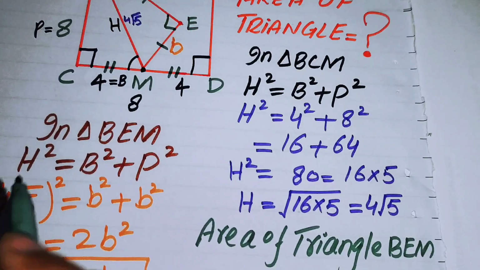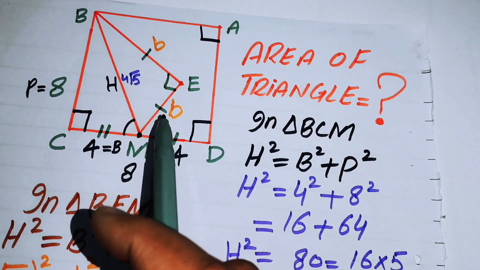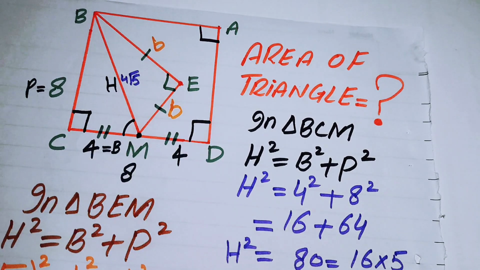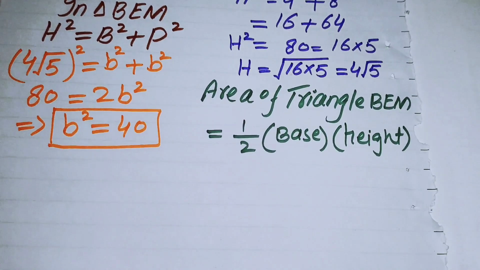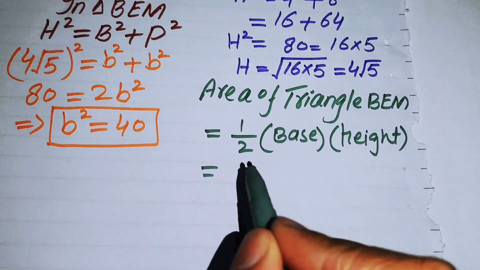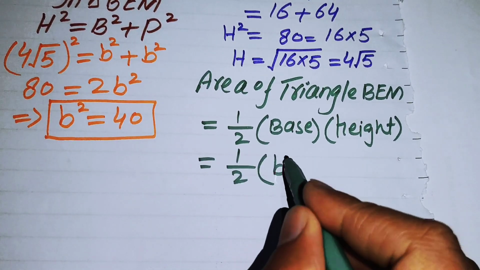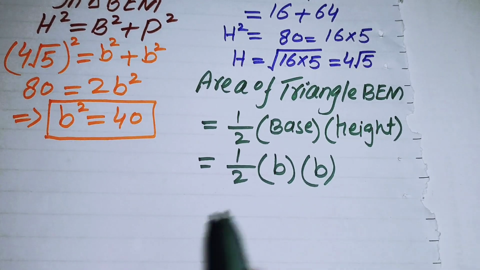So now you focus on this triangle. You see that its base is b and its height is also b. Because this is an isosceles triangle, its base and height are the same, so we denote it by lowercase b.